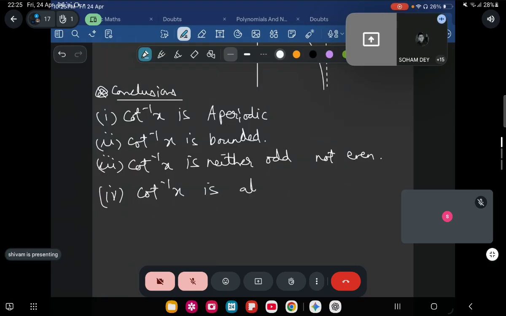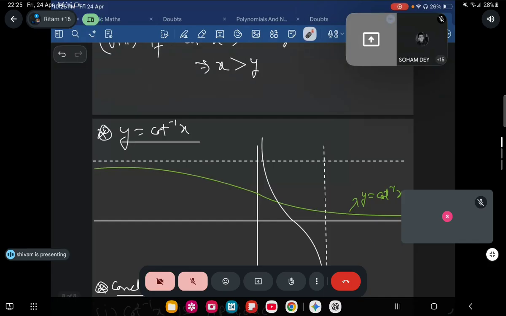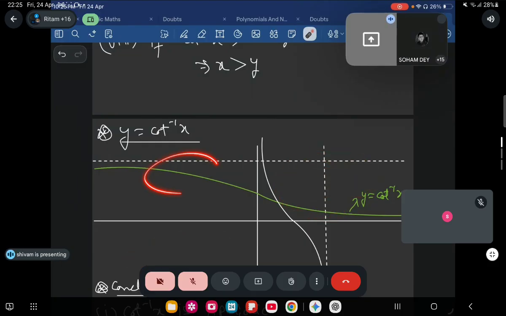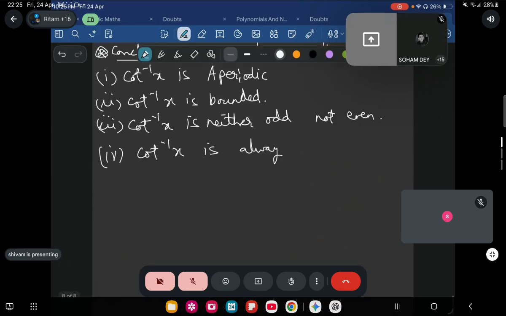Number 3. You see, for an odd function, whatever graph you have drawn in the first quadrant, same graph you have to draw in the third quadrant, right? And whatever graph you draw in the second quadrant, same graph you draw in the fourth quadrant. Got it clear? Yes. Thank you, sir.